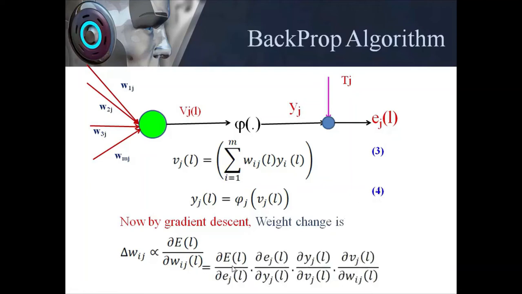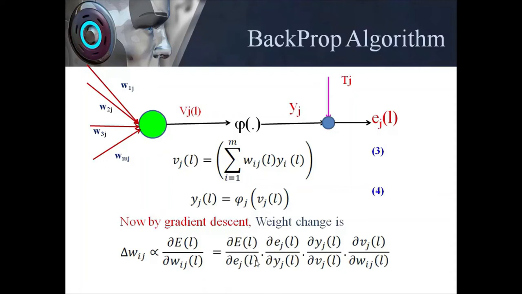Applying the chain rule, I can break this gradient into a set of partial derivatives. First, the total error with respect to the error component which I have calculated. Then this error with respect to the output, then the output with respect to the summed input which it received, and the summed input with respect to the weight on which it depends.